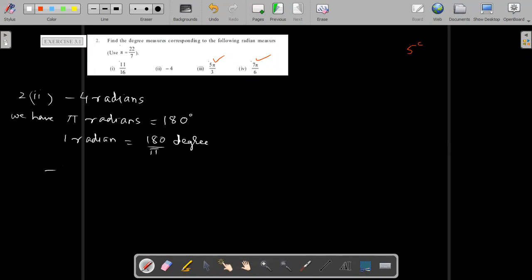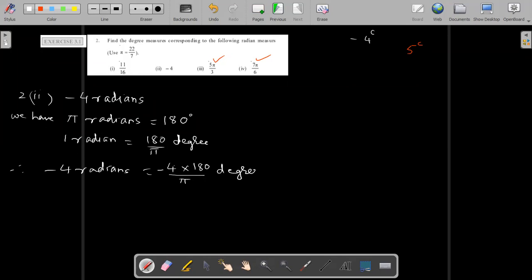Now we have to convert minus 4 radians. So minus 4 radians, we can write like minus 4c also, will be equal to minus 4 into 180 upon pi degrees.